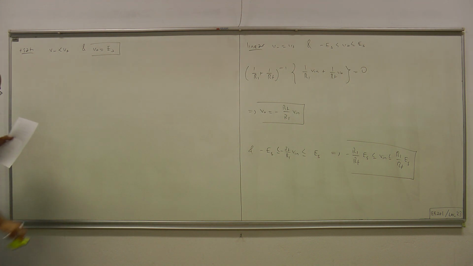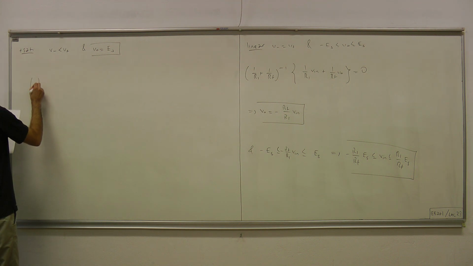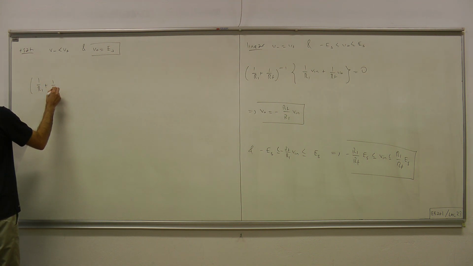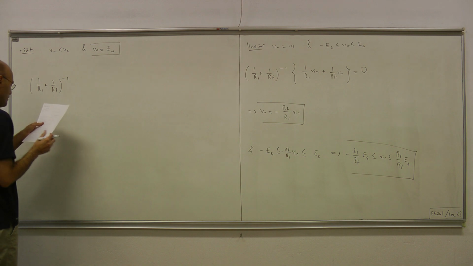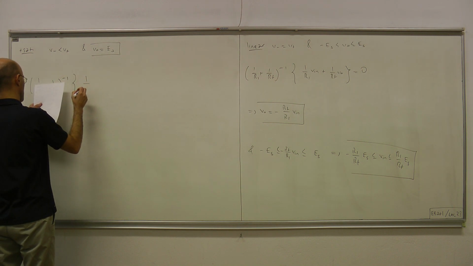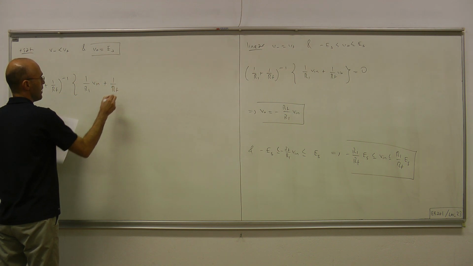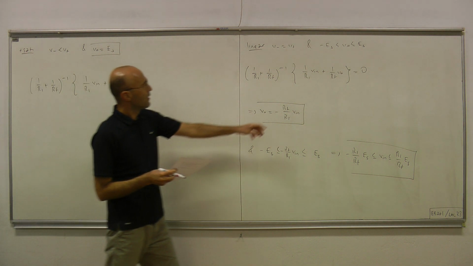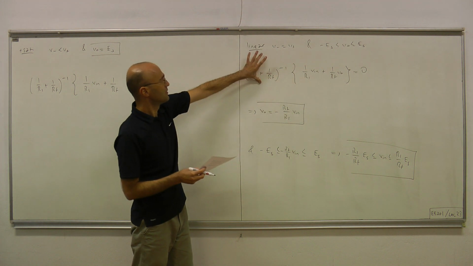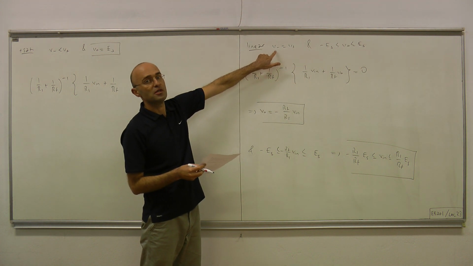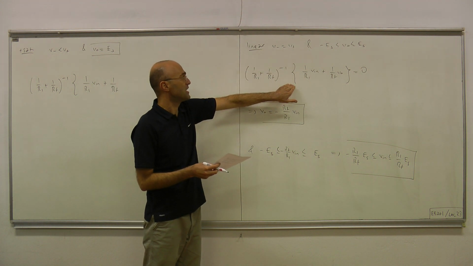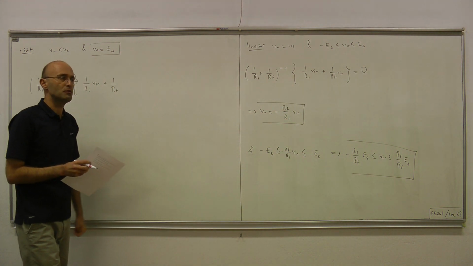So what's V minus? V minus is (1 over R1 plus 1 over RF) inverse times (1 over R1 V in plus 1 over RF V out). Okay? This is the same relation that we used here, because that V minus being equal to that holds true for all regions.